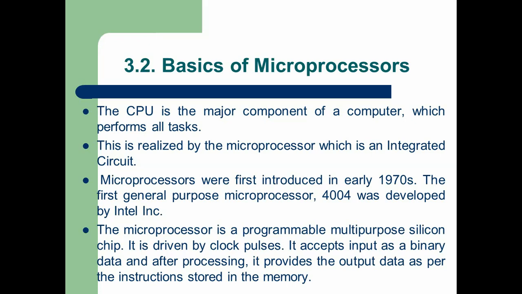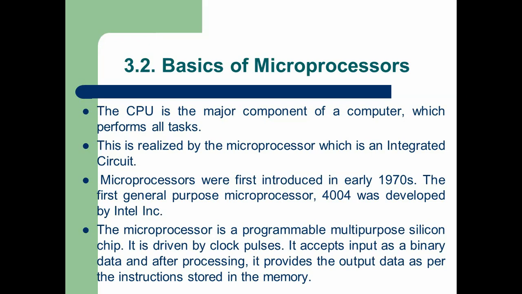The microprocessor is a programmable multi-purpose silicon chip. It is driven by clock pulses. It accepts input as binary data, and after processing it, it provides the output data as per the instructions stored in the memory.